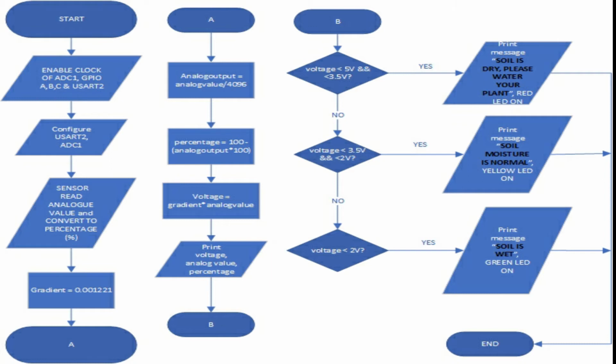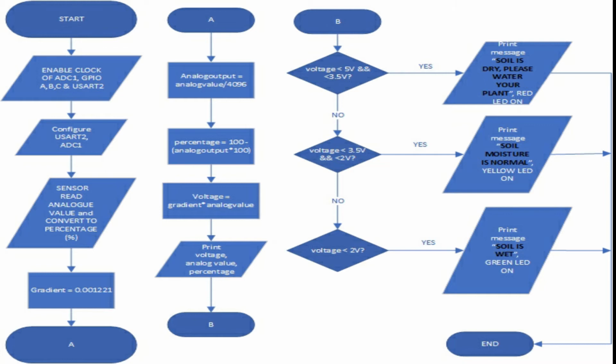Then it will move to the function bin, which consists of three conditions. If the voltage is less than 5 and more than 3.5, the print message will be soil is dry, please water your plant, and the red LED is on.